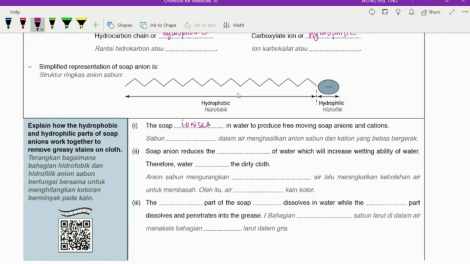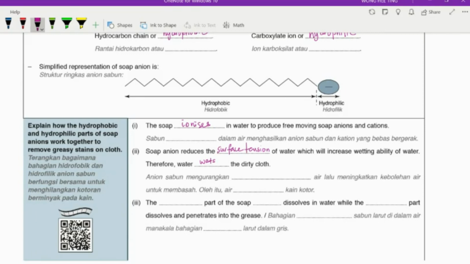The salt anions reduce the surface tension of water, which increases the wetting ability of the water. Therefore, the water wets the dirty cloth.